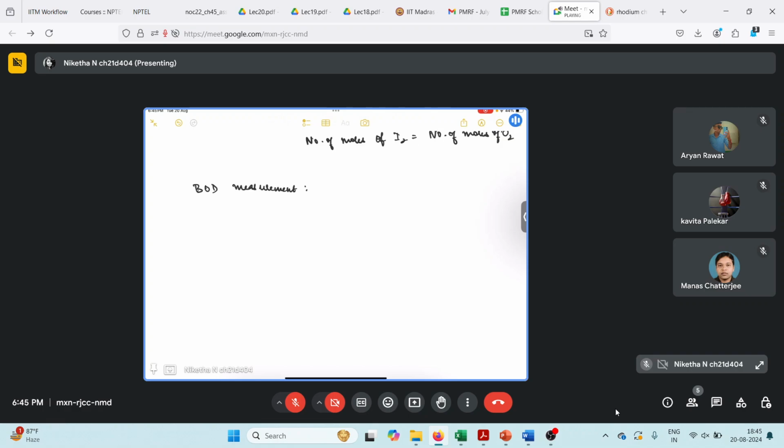So what is BOD? Okay. BOD or biochemical oxygen demand is the oxygen that is required by the bacteria to oxidize the organic pollutants.